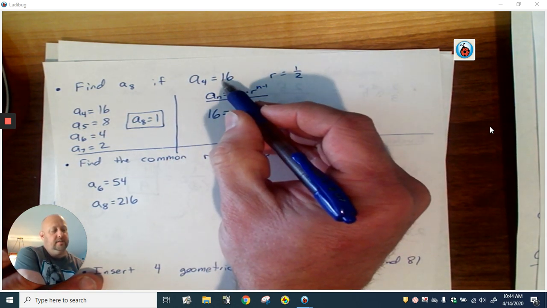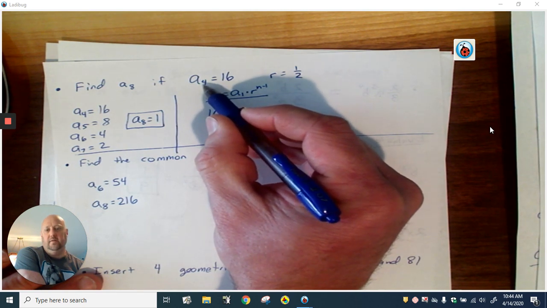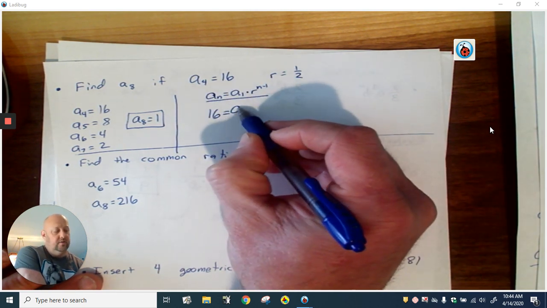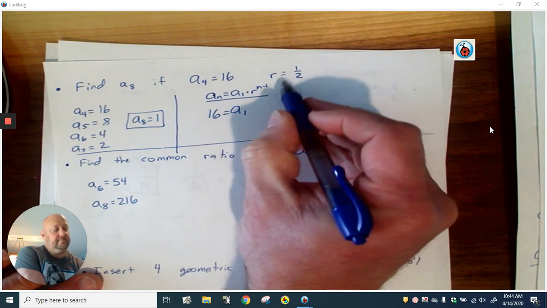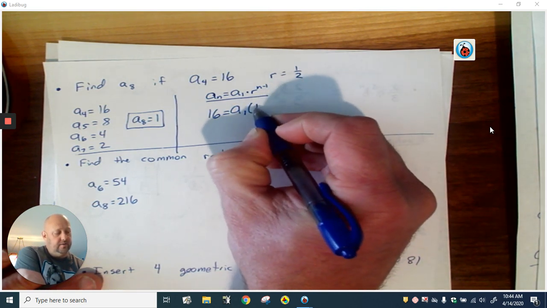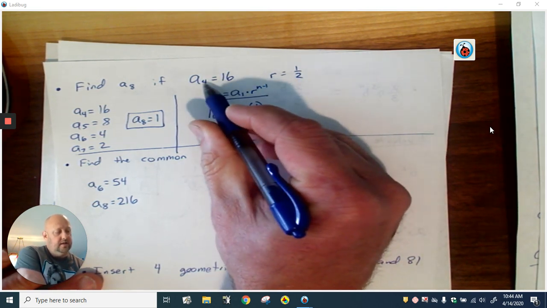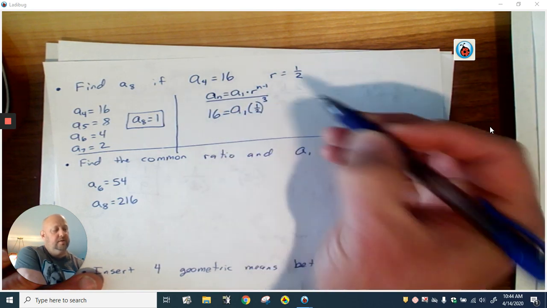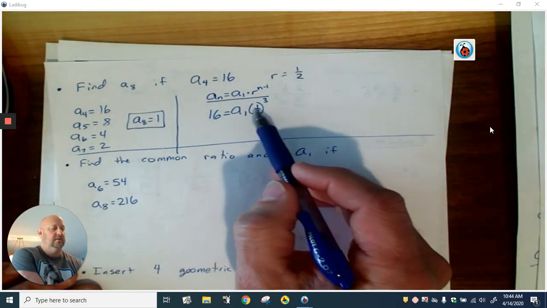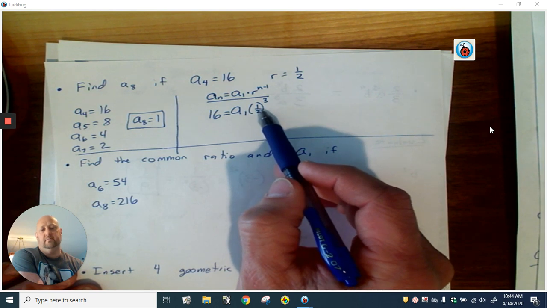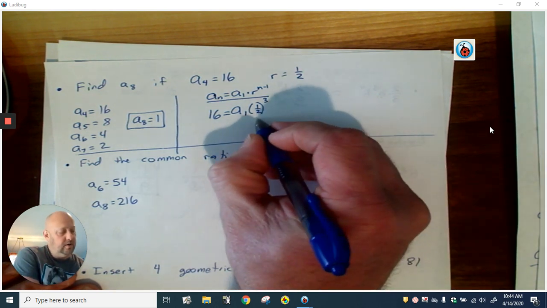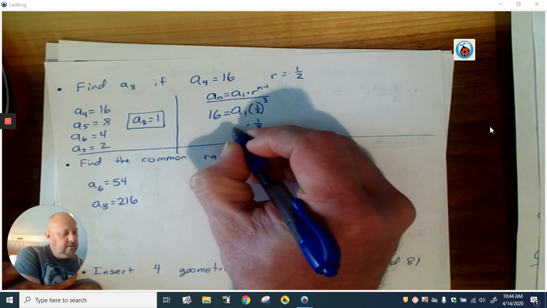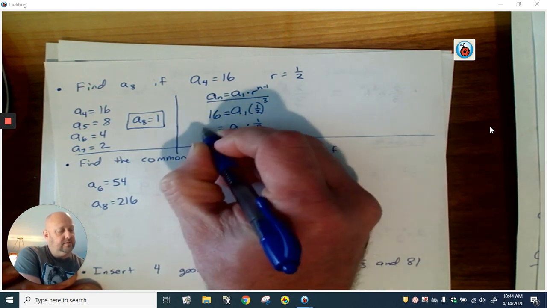Now at this point in time, the n value is going to be 4. Now I don't know my a sub 1. I do know my R value, and then I know my n minus 1 would be 3. Okay, so 1/2 times 1/2 times 1/2 would be 1/8 times a sub 1 is equal to 16.